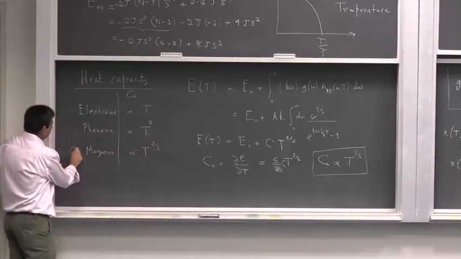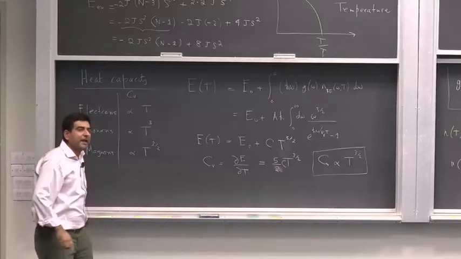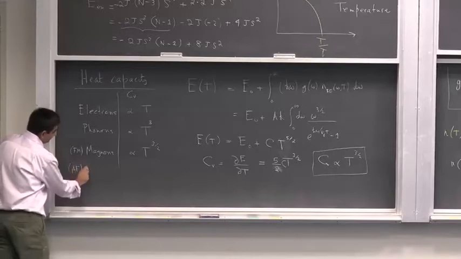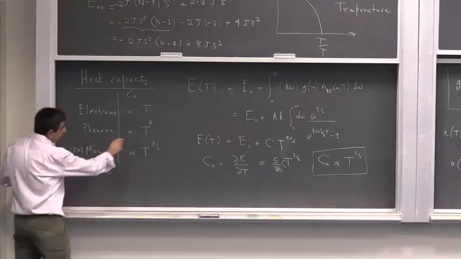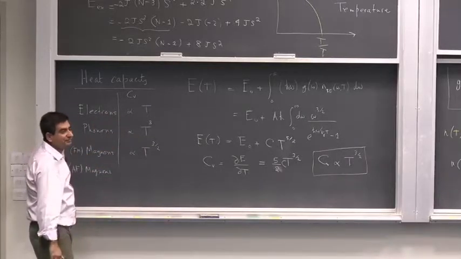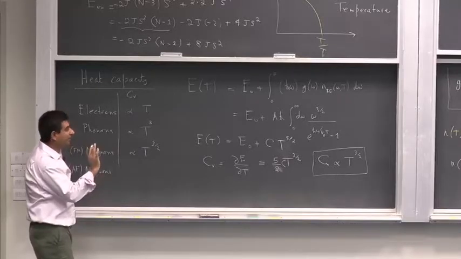Magnons, by the way, inside ferromagnets. Magnons will also be excited inside antiferromagnets. This is something we'll probably do in the next class. And if we compute that, it will have a different dispersion relationship, a totally different dispersion relationship.